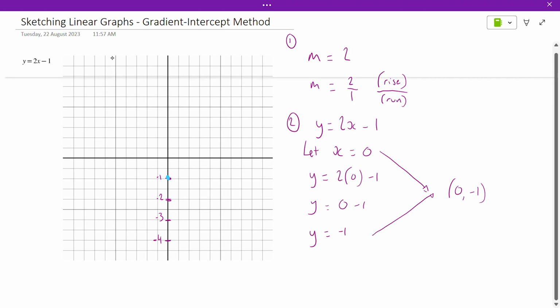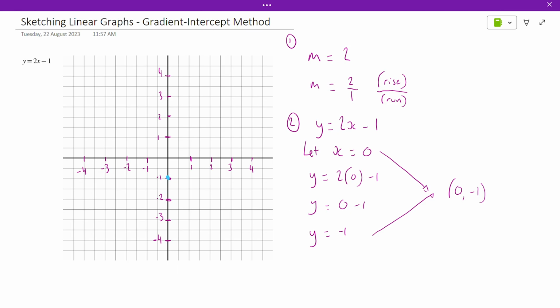And while we're here, I may as well just do some more. This is going to be positive 1, 2, 3, and 4. And we may as well do these ones as well. 1, 2, 3, 4. And just for good measure, let's do negative 1, negative 2, negative 3, and negative 4.